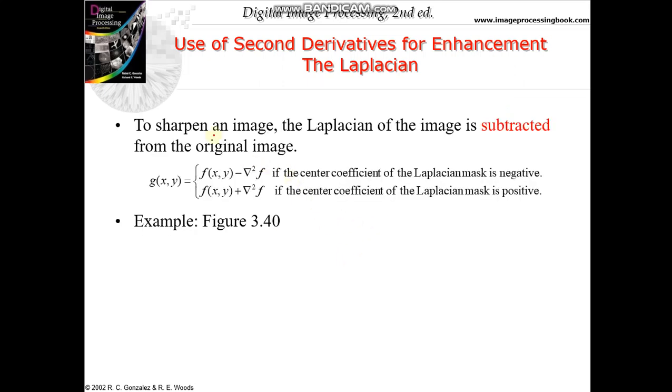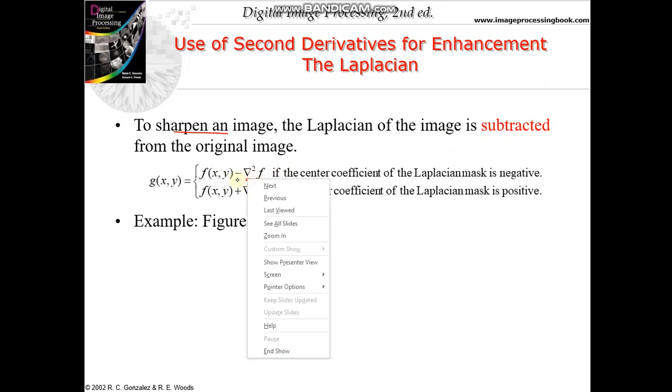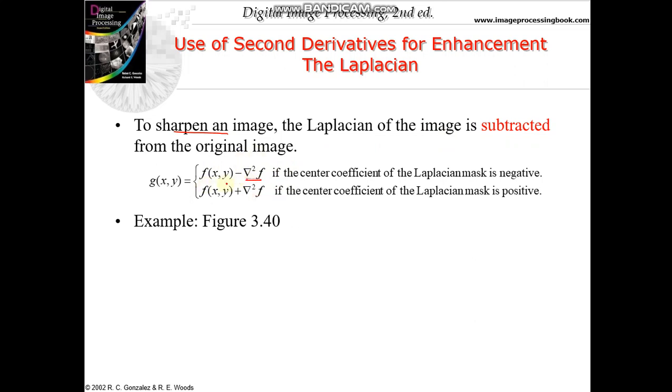Now, how to sharpen an image? For that, apply the Laplacian filter on an image, then that result is subtracted from the original image. So this is our Laplacian filtered image, and this is our original image. Depending on whether the center coefficient is plus or minus, we have minus or plus over here.